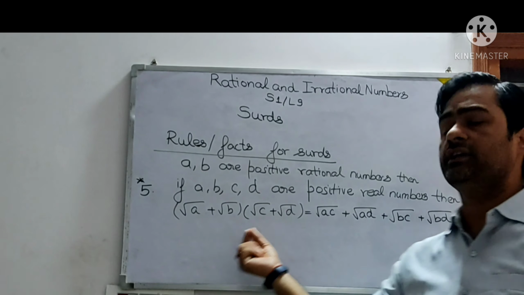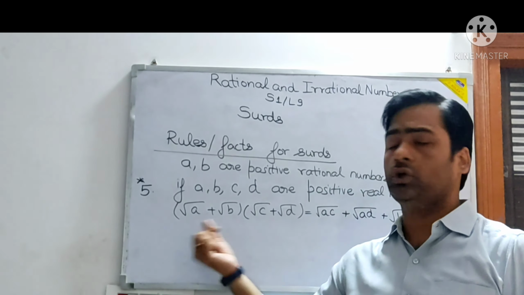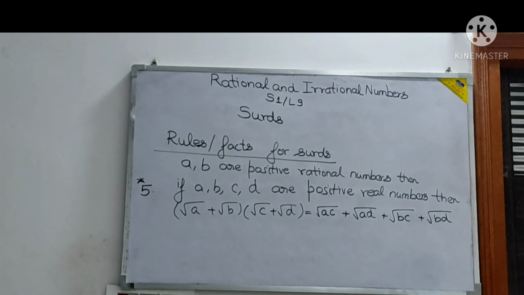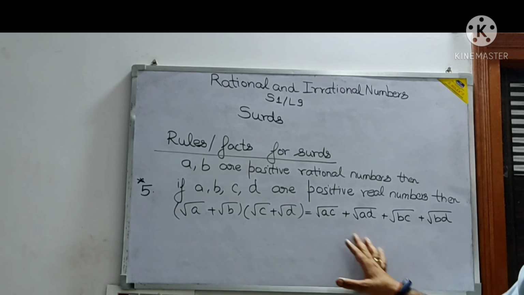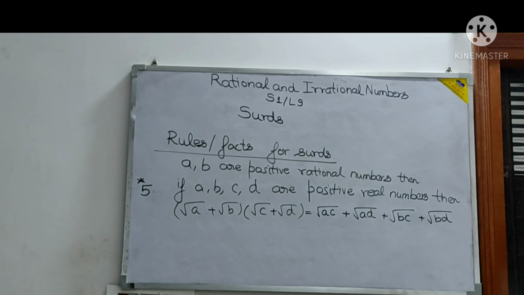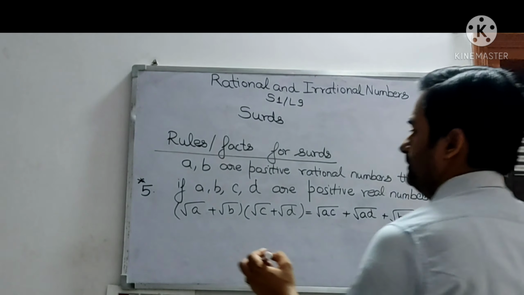So nothing new, we have already done this. Only the radical sign is coming, so you should not fear it. Order also is changed, no problem, but same terms will come. And A, B, C should be positive rational numbers.